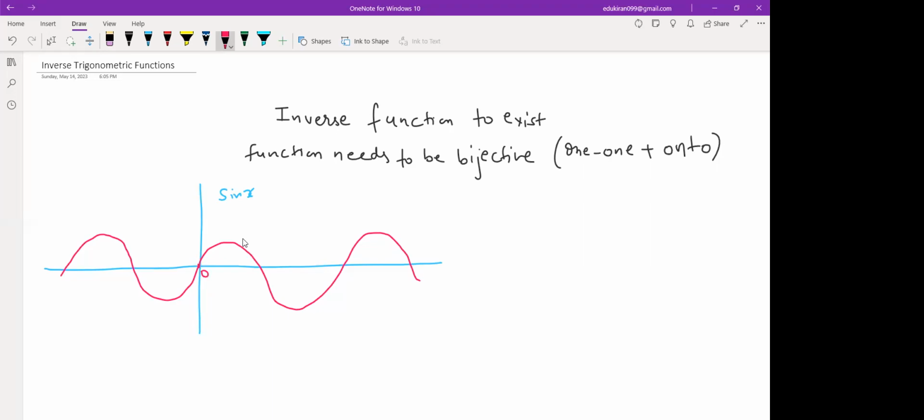It never stops. Its maximum value is 1 and minimum value is -1. So is this function a 1-1 and onto function?